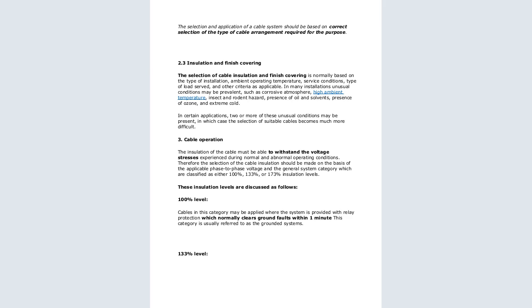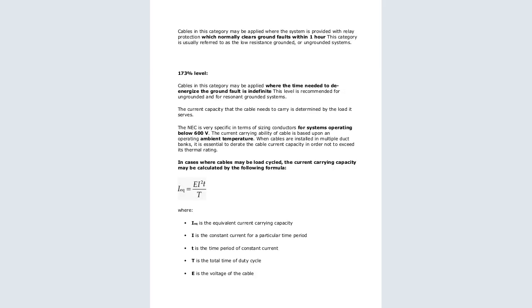These insulation levels are as follows. The 100% level means that the cable in this category may be applicable where the system is provided with relay protection, which normally clears the ground fault. That is, it has to have the relay protection. What about the 133%? The 133% means that the cable in this category may be applied where the system is provided with relay protection, which normally clears the ground fault within 1 hour.